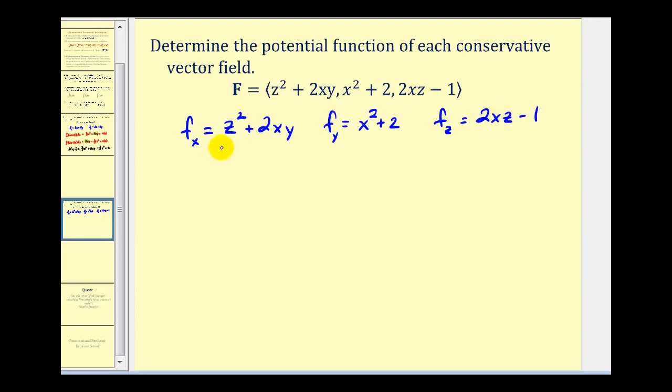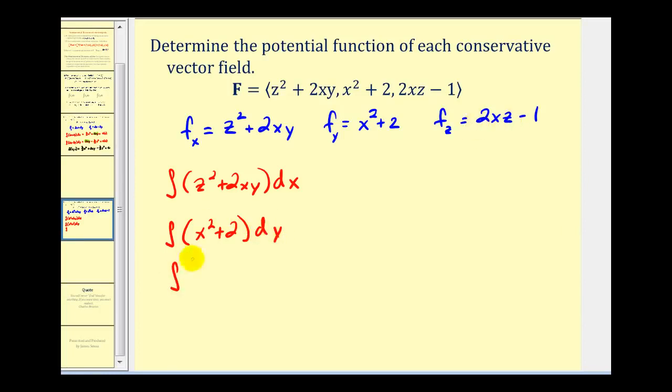And now we'll need to set up 3 integrals to recover the x, y, and z parts of the potential function. So we'll first have the integral of z squared plus 2xy with respect to x. And then we'll have the integral of x squared plus 2 with respect to y. And then lastly, we'll have the integral of 2xz minus 1 with respects to z.